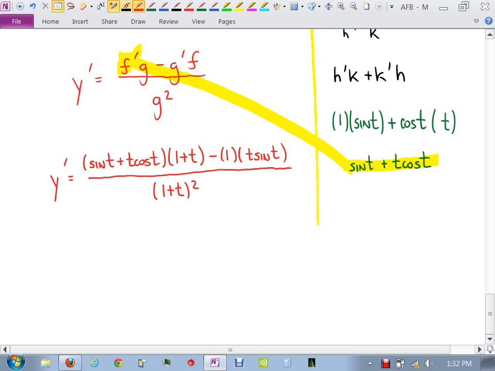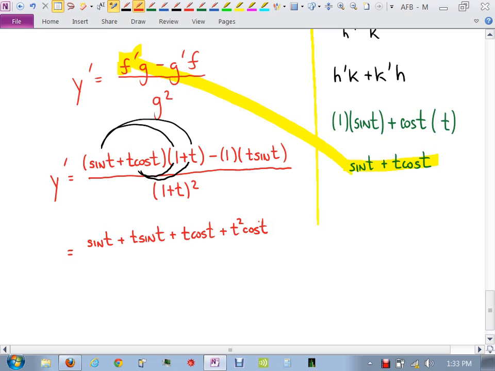And again, I'm not afraid. I'm going to clean this up, because the more you see me clean things up, I think the better off you are. I'm taking sine t times 1, sine t times t, t cosine t times 1, t cosine t times t. So the first parentheses has 2 terms. The second parentheses has 2 terms, so you have to do like a FOIL there. I'm going to get a sine t plus a t sine t plus a t cosine t plus a t squared cosine t.